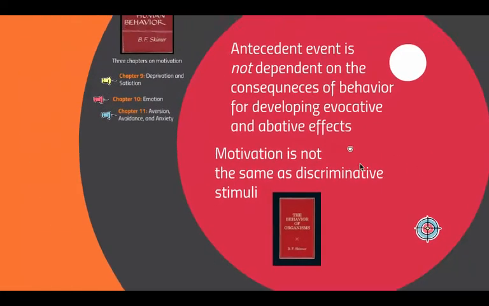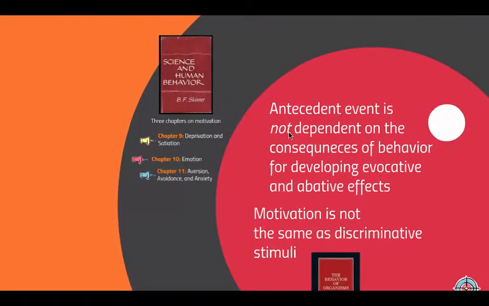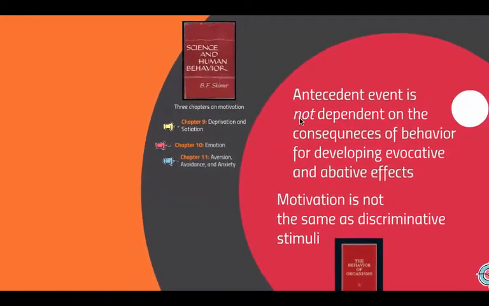But there's another category of antecedent, and this category of antecedent was discussed by Skinner in just an exceptional book referred to as Science and Human Behavior. If you ever have the opportunity to read this book, I just highly recommend that you do so. And in that book, there's 3 chapters on motivation.